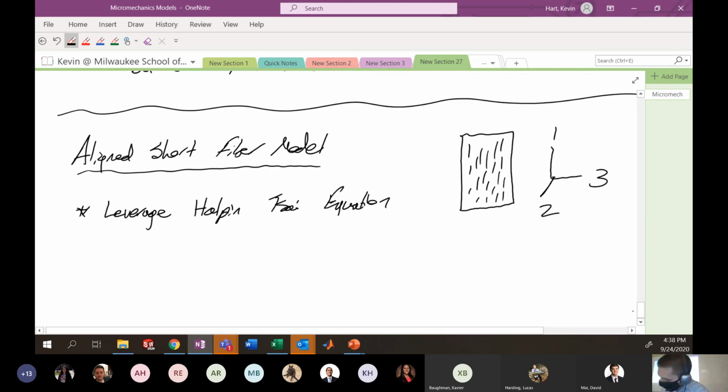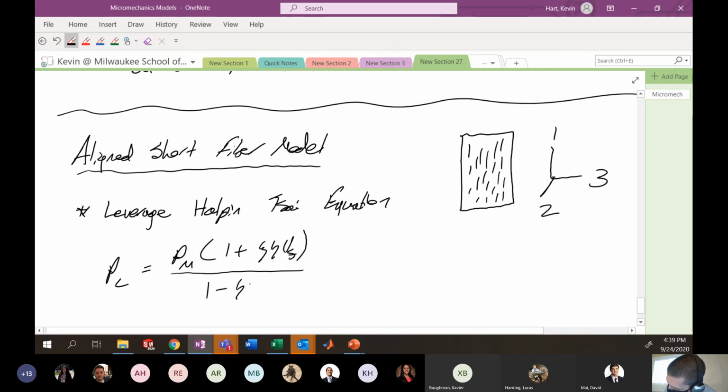Just a reminder, that equation, if you're looking down the 1 direction, let's do it in terms of the property of the composite. The property of the composite is the property of the matrix times (1 plus xi eta Vf) over (1 minus eta Vf).